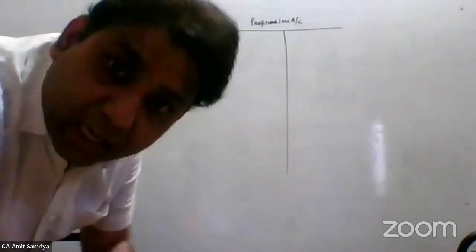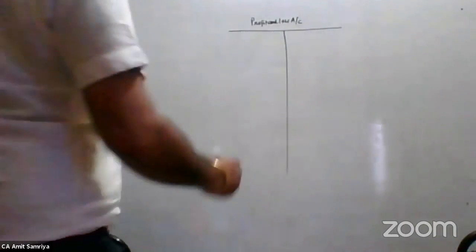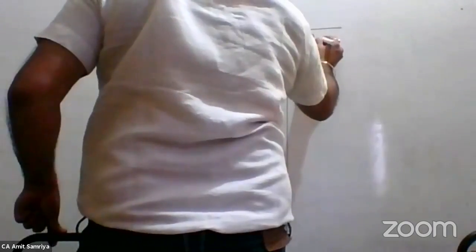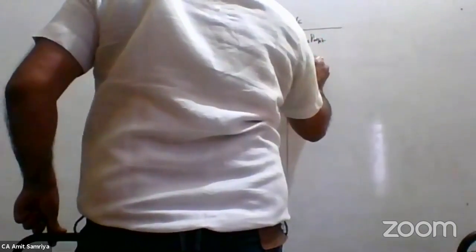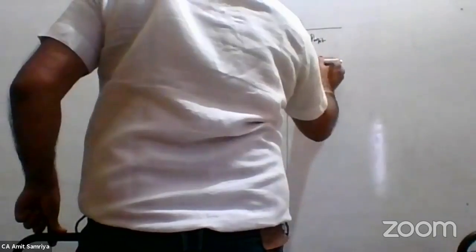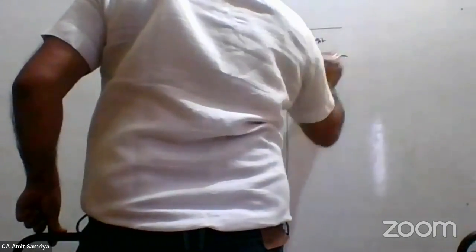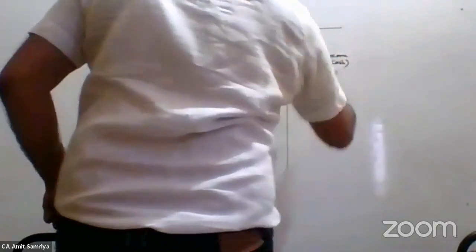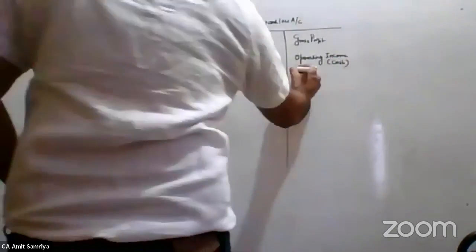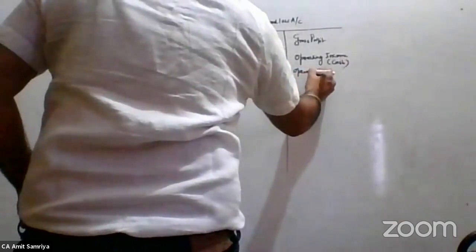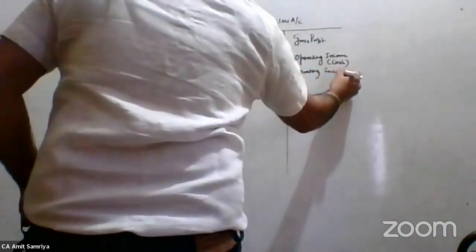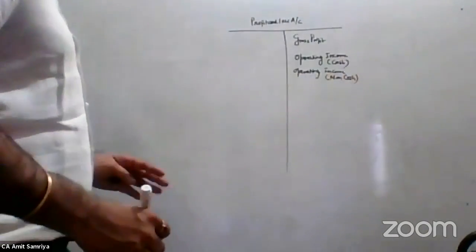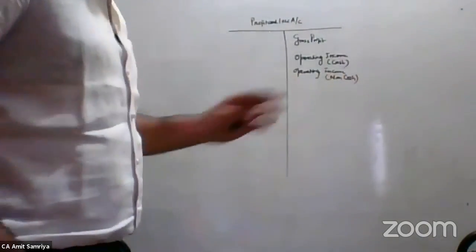So what is all income? In the profit and loss account, there is gross profit, there is operating income. Operating income may be in cash, may be non-cash.